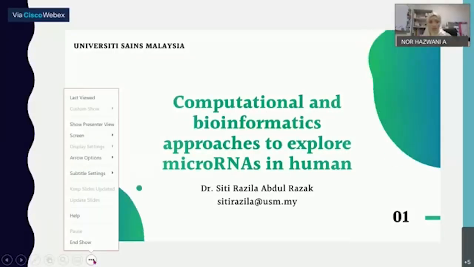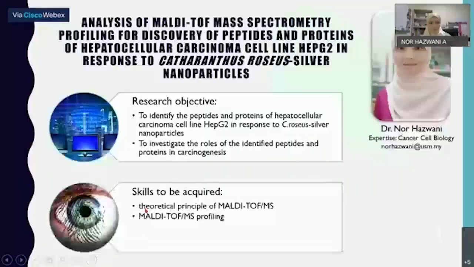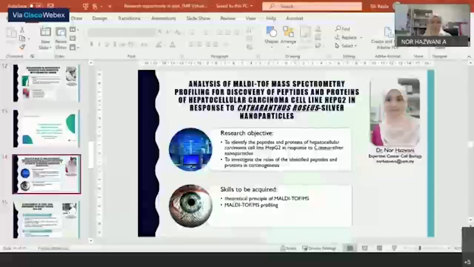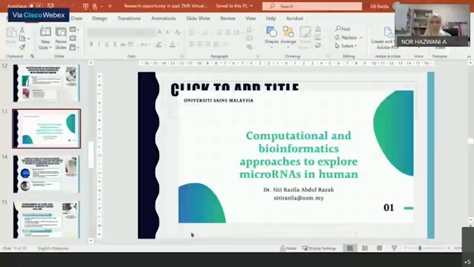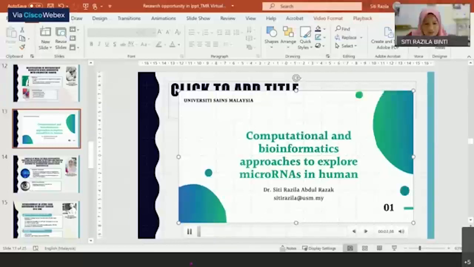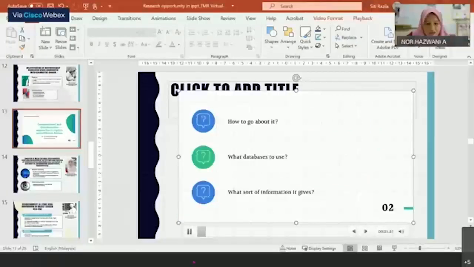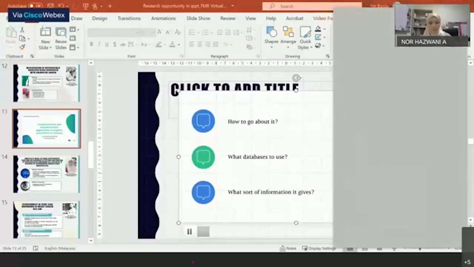Tadi kita adjust dekat PowerPoint. Ini boleh tak? Still tak dengar. Saya tak dengar. Okey, tak apa. Kalau tak dengar.